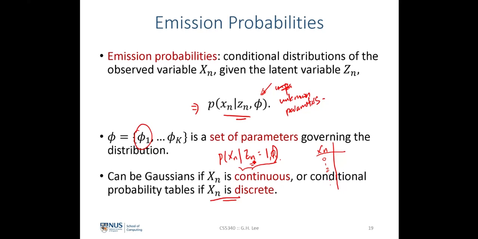Suppose that zn equals 1, conditioned upon zn equals 1, this particular probability distribution table is going to be given by phi 1 over here, and so on and so forth. In the case of xn conditioned upon zn equals 2, then this distribution table over here is going to be given by phi 2, and all the way until phi k over here.